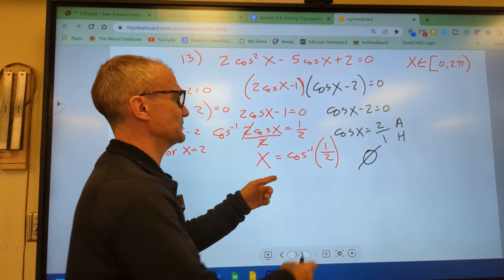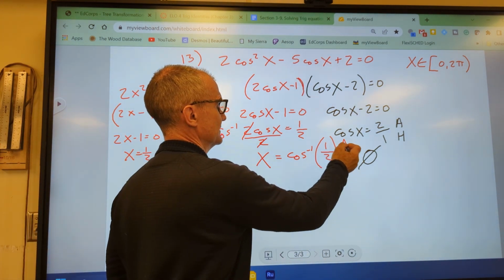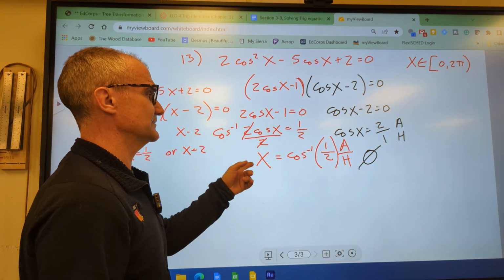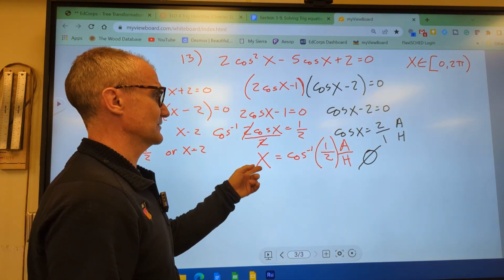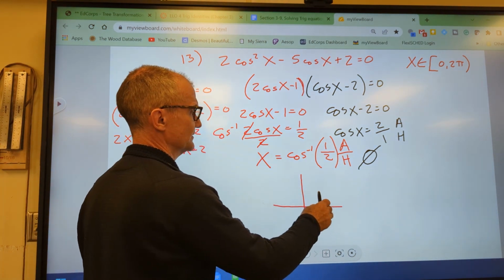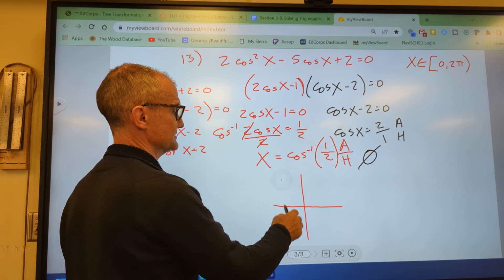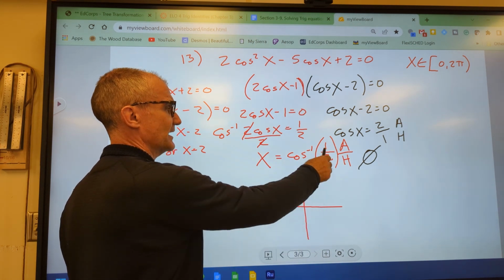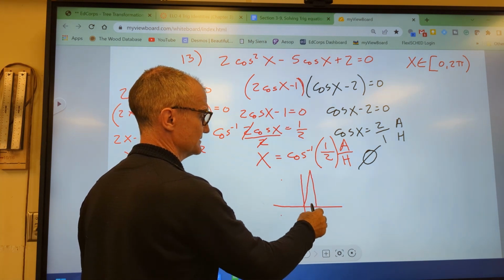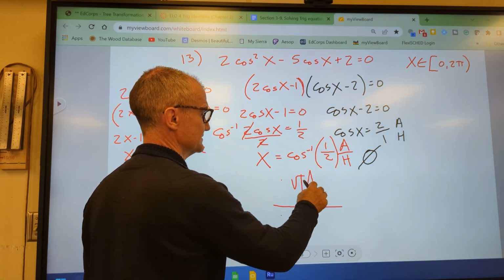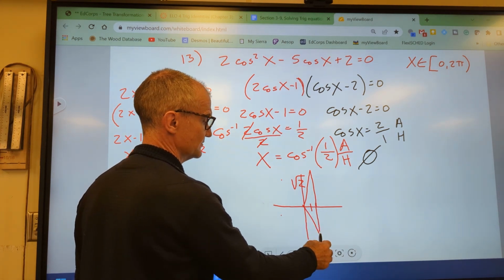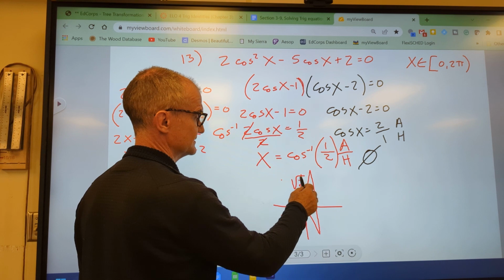What that's saying is when my adjacent is 1 and my hypotenuse is 2, what is my angle in radian measure? Well, that's going to happen in a couple of places in my unit circle. One way to remember it is all students take calculus, where a positive ratio of sides for cosine would be in the first quadrant with an adjacent of 1, hypotenuse of 2, or in the fourth quadrant with an adjacent of 1 and a hypotenuse of 2.